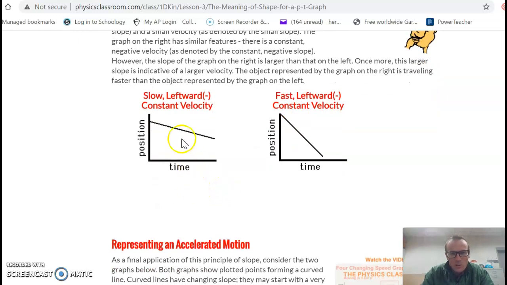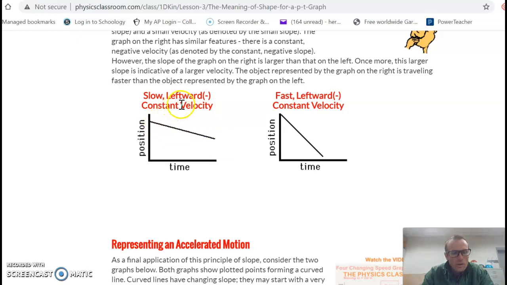What if my slope is negative? So here the position is decreasing as time goes by, and I know I'm still moving because my position is changing. But how do I deal with a negative slope or a negative position change?